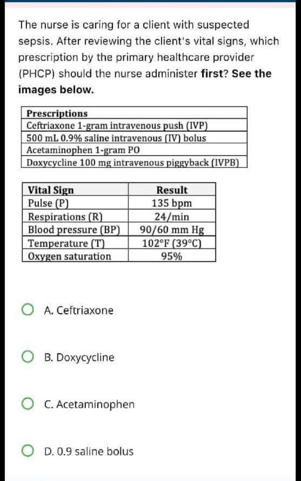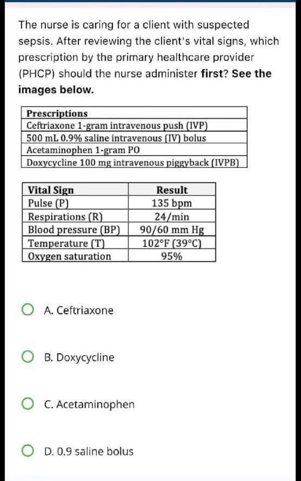Heart rate that is trying to compensate so as to meet up with the demand of body tissues will drop. Why? Low blood pressure will lead to increased heart rate. High blood pressure will lead to reduced pulse rate. So, as you administer the fluid and the blood pressure is rising, pulse will automatically start dropping, and high fever will also go down.